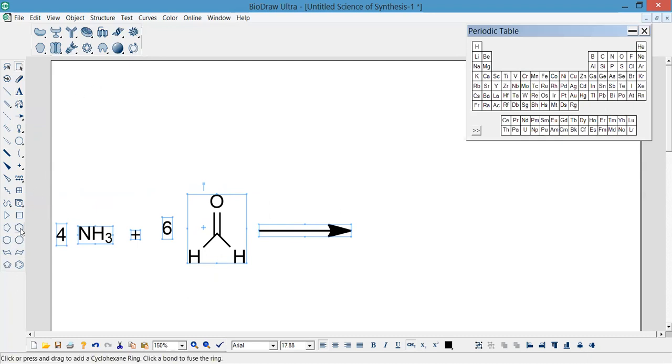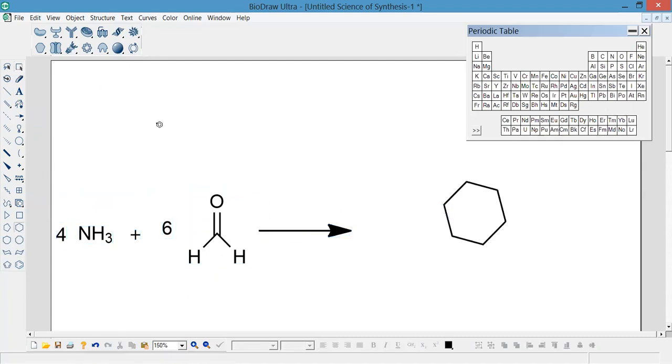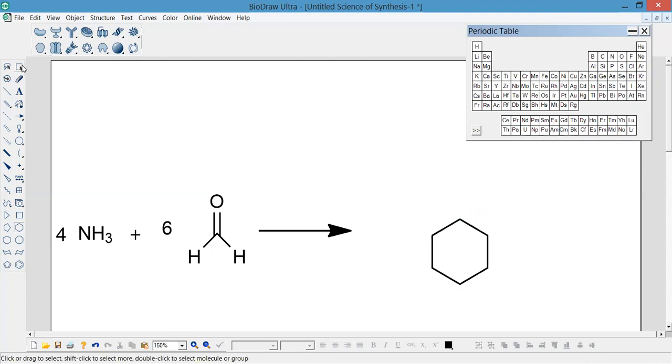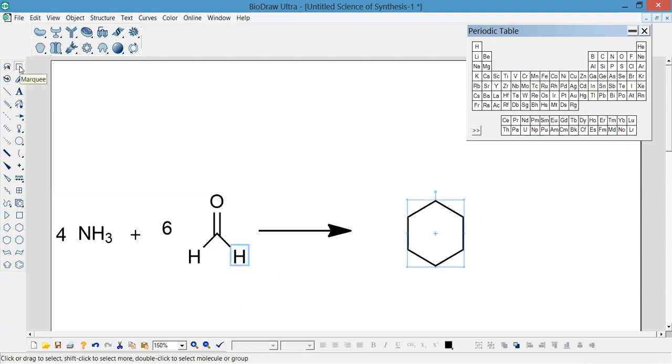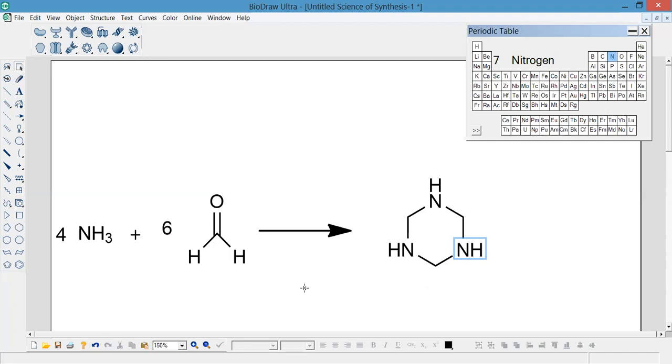Now draw the structure of hexamine. We know that hexamine is a nitrogen containing compound, with 4 nitrogen atoms.